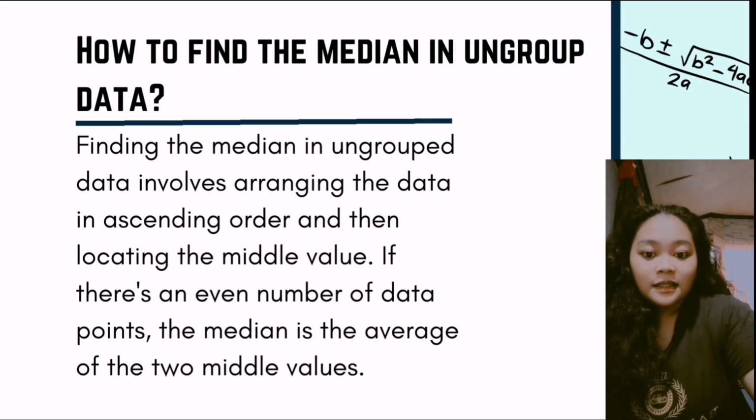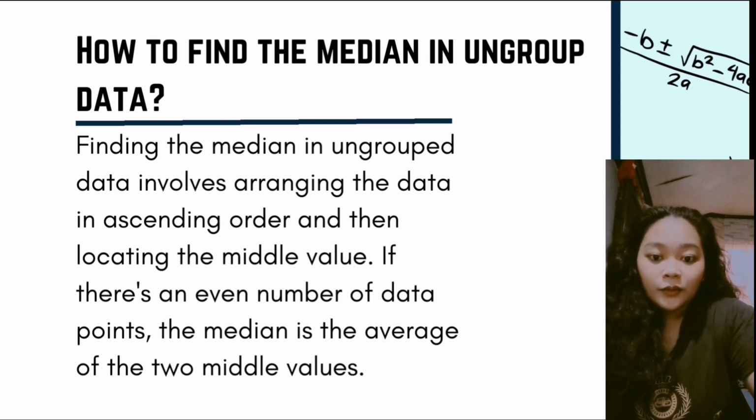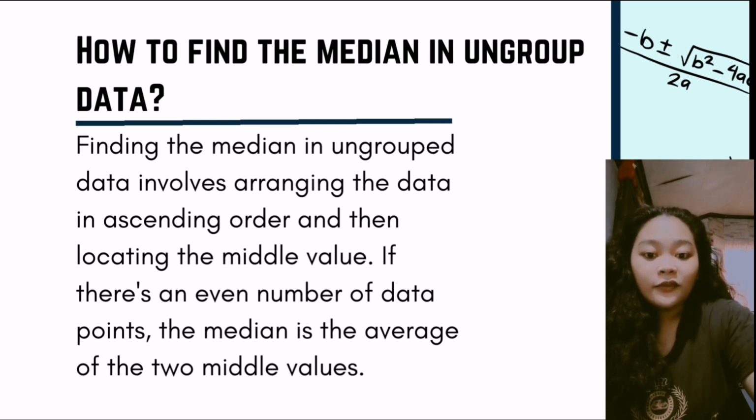So the median is the middle value in a dataset. First, arrange the data in ascending order, or lowest to highest, and then locate the middle value. If there is an even number of data points, we find the two numbers in the center of the dataset and add them, then divide by two.